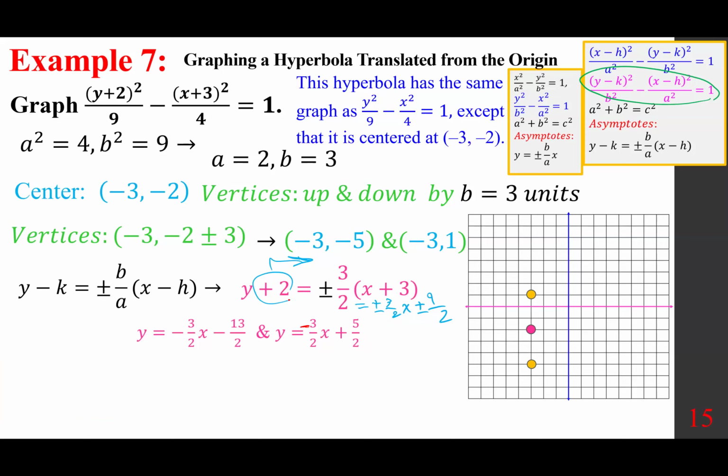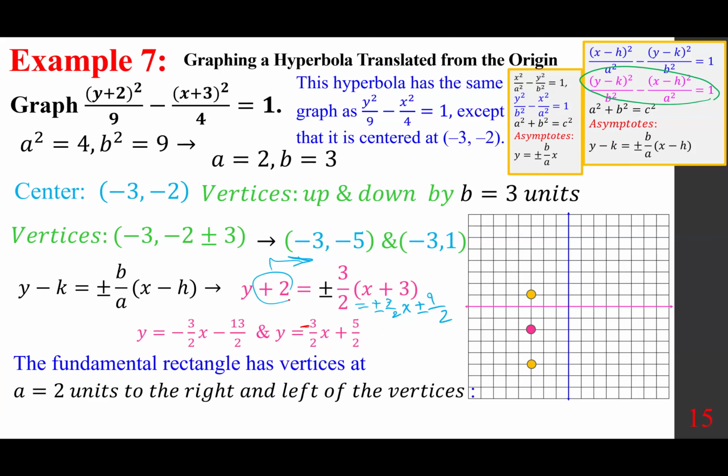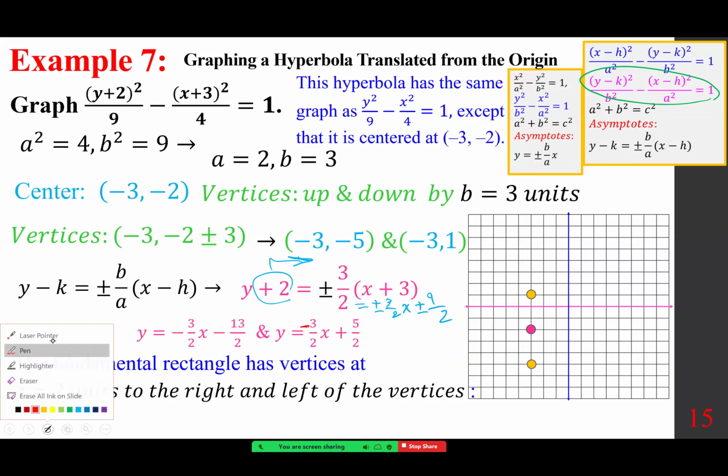Now, the fundamental rectangle has vertices A units to the right and left of the vertices. So wherever the vertices are, here are the vertices. Look at A and go A units to the right and left.